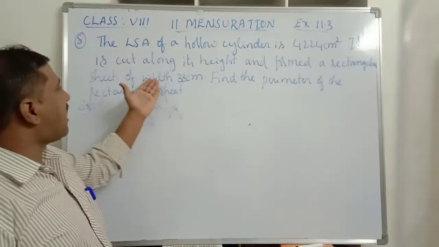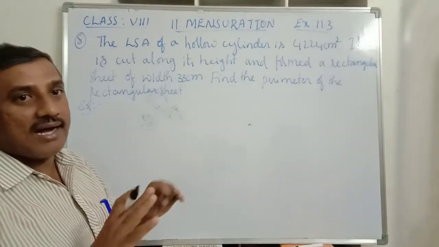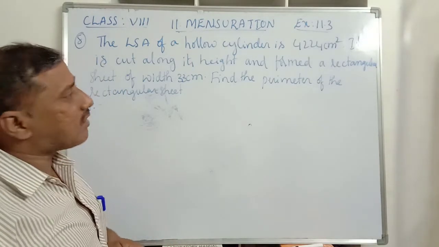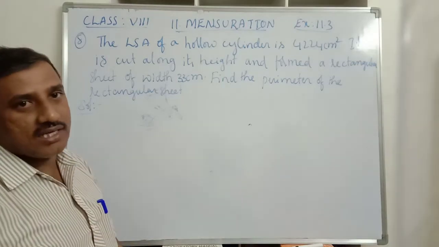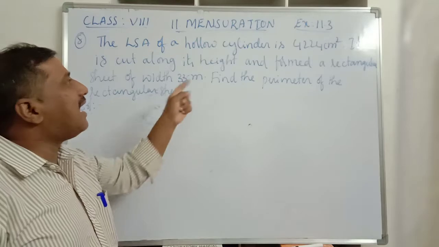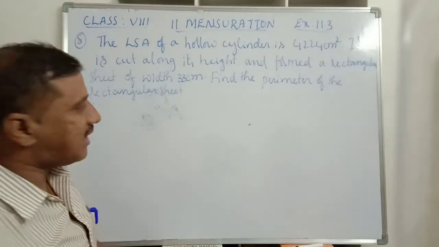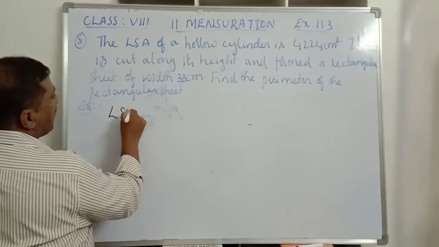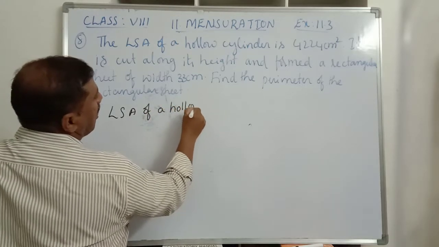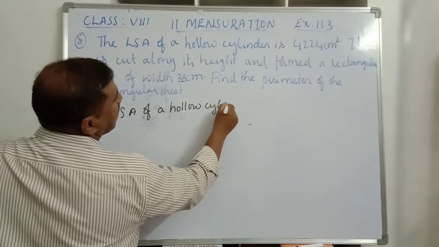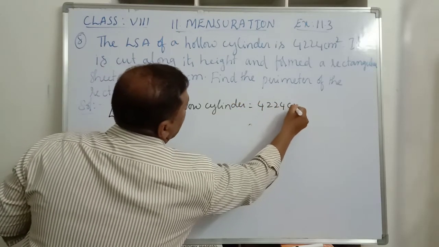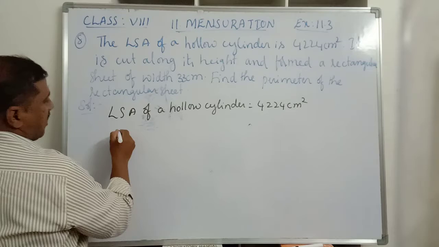So here the breadth is given, 33 centimeters, and the length is not given. So first we have to find the length of the rectangular sheet. Here the area of the rectangular sheet is equal to what? The LSA of the hollow cylinder. It is given that the LSA of the hollow cylinder is 4224 centimeter square.